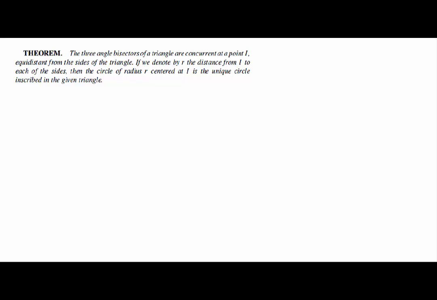Now, the point also is that this point I here is in fact equidistant from the sides of the triangle, and if we let R be the distance between this point I, which is at the intersection of the three angle bisectors of our triangle, and the sides, then the circle which is centered at I and of radius R is actually the unique incircle of our triangle.